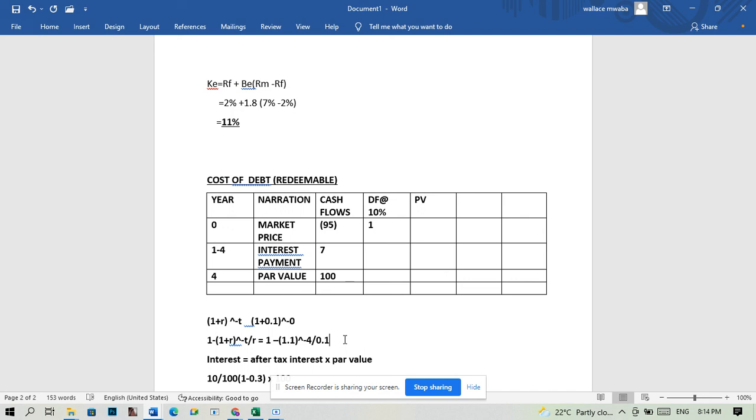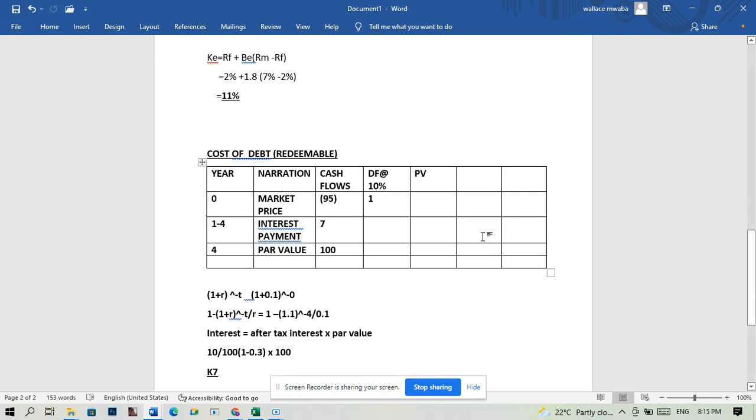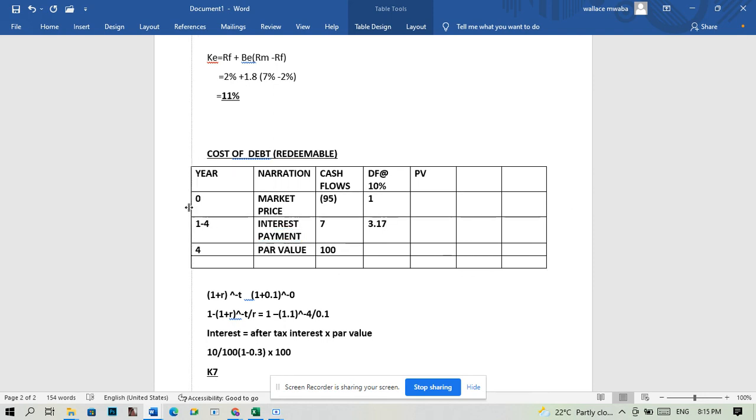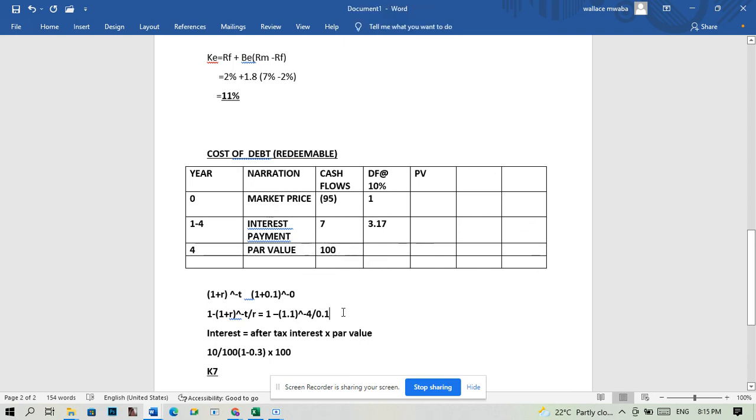So the answer for years 1 to 4, the discount factor for the interest payment, is 3.17. Are we getting different values? Okay, wonderful. Then for this year here, we're going to use this same formula, but it's now going to be to the power negative 4.